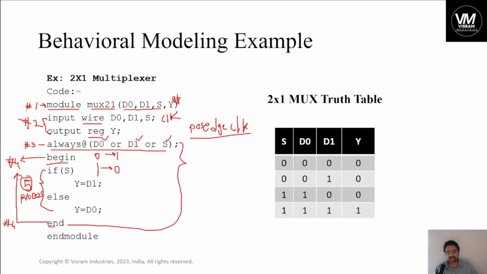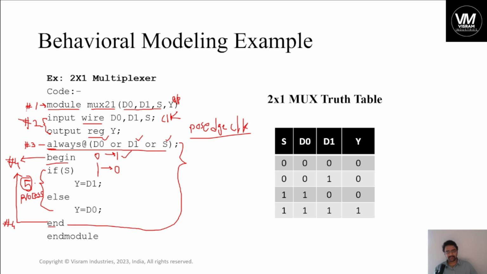Sometimes I will declare input wire D0 and write individually, but here I have declared them together. Then, the third step is we need to tell the Verilog HDL, or the EDA tool, that for every change of the value you need to continue the process. That is declared with always, so always @ D0, D1 or S. Then begin; we need to begin and end the process. So that is step 4.